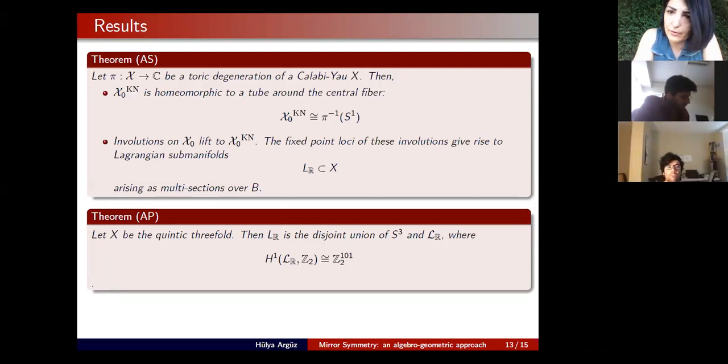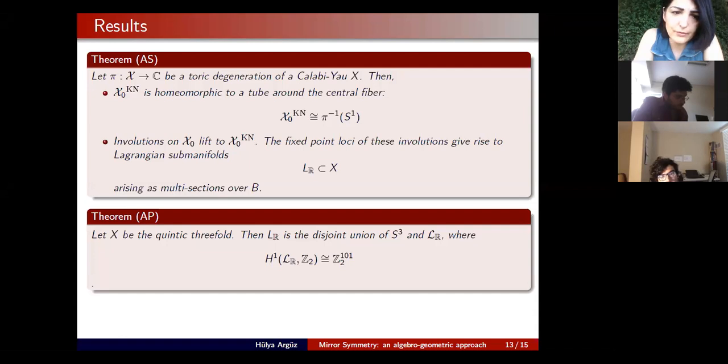So one of our results was, for instance, if you look at the quintic threefold, then the real locus of an anti-symplectic involution in the quintic threefold gives a real Lagrangian. This Lagrangian is given by the disjoint union of the sphere, which is the base of your fibration, and another component which arises as a 7-to-1 cover over the space. And we showed that H1 is Z2 to the 101. This is one of our results.